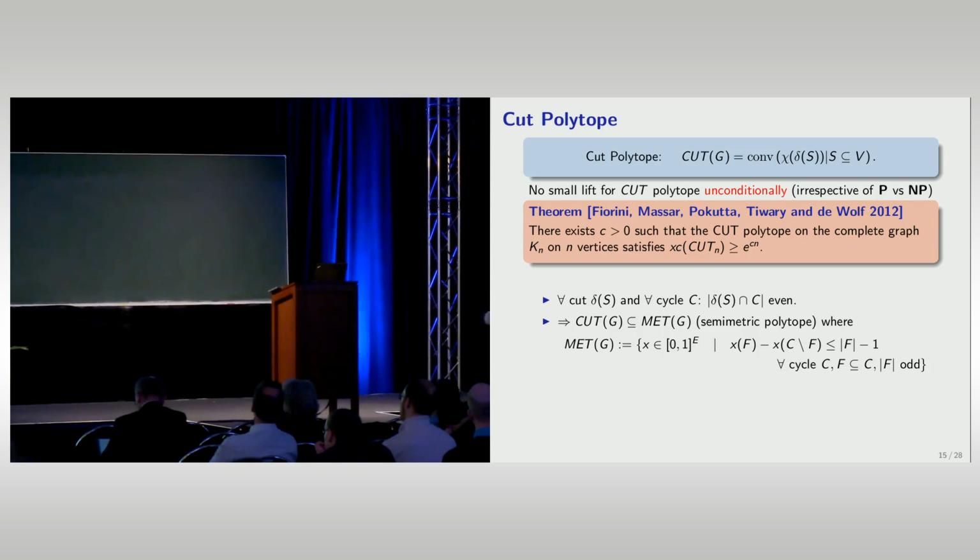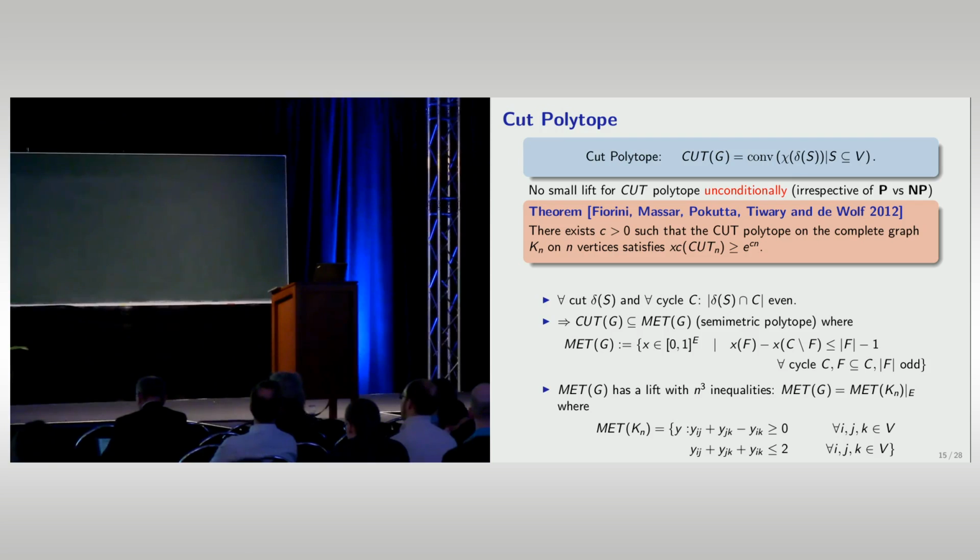So you could try to get inequalities defining semimetrics, and when you do so, some inequalities come up. Again, we have exponentially many inequalities, and so even for that relaxation, it's not completely clear how you optimize efficiently over it. But still, we can do it. In fact, there is a lift of that polytope in n square dimensions that has only n cube inequalities.